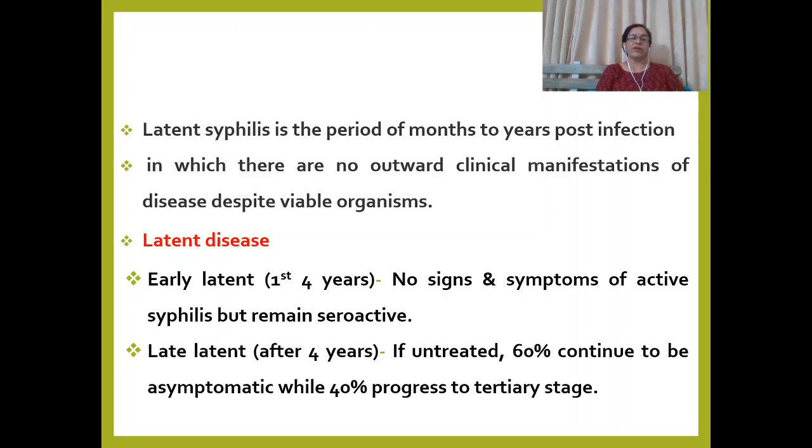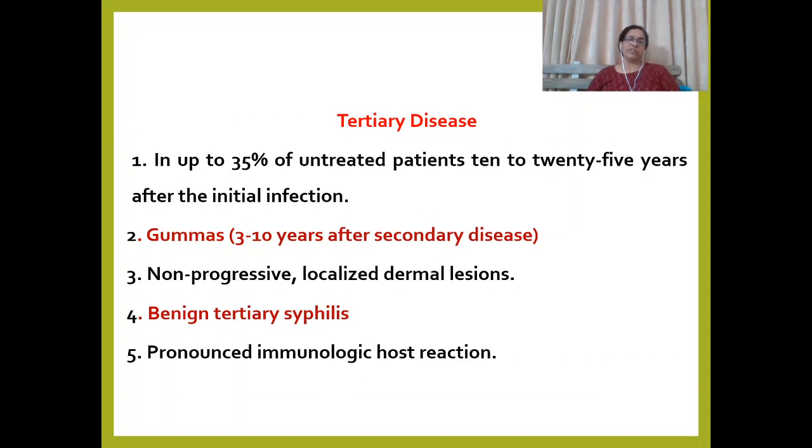That is, antibodies are present against treponema in the patient's blood. While in the late latent, that is after 4 years of this infection, in untreated cases, 60% of patients continue to be asymptomatic, while 40% progress to the next stage, which is the tertiary stage of the disease.